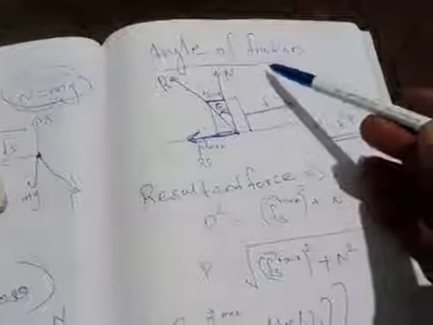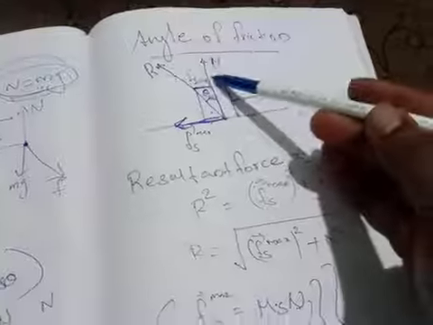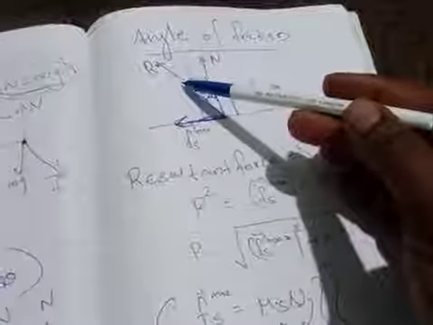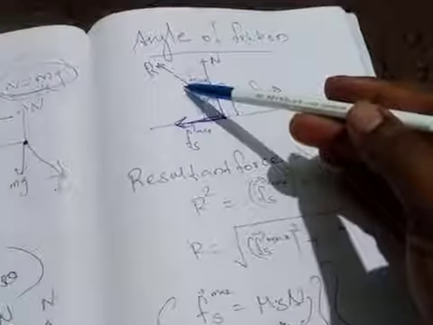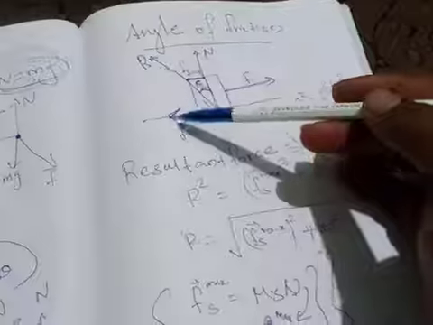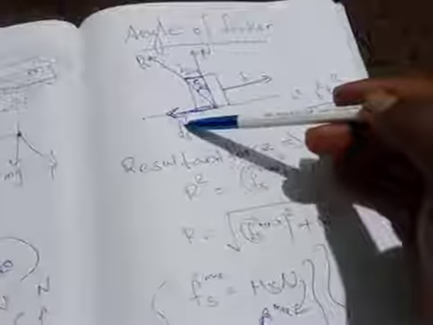So again you can go through this. So first thing you have to write the definition. Angle of friction means what? Angle between the normal force and the resultant force. And what is this resultant? It is a resultant of what? The normal force and the force of static friction, maximum static friction.